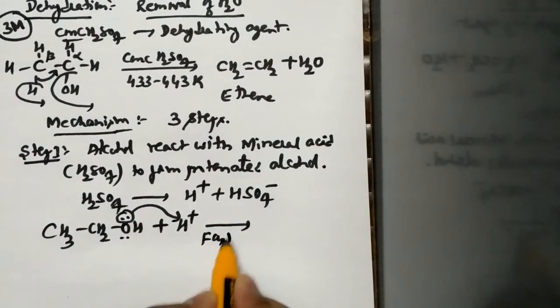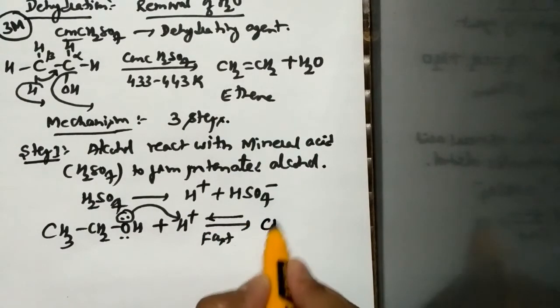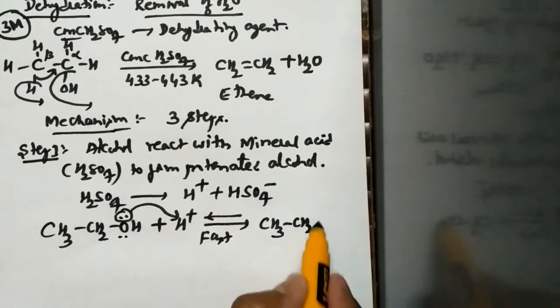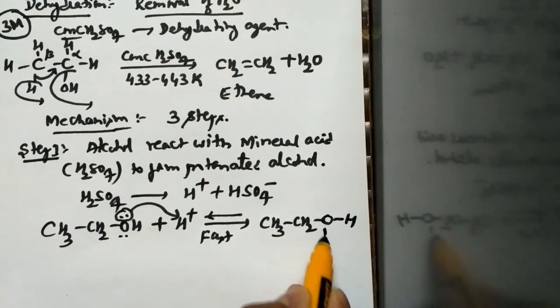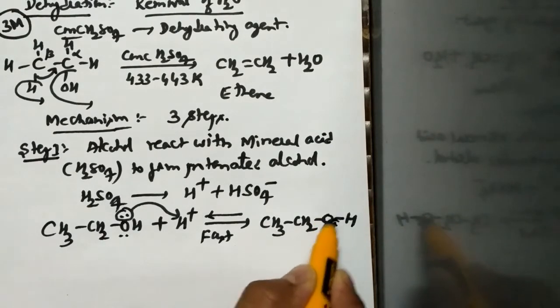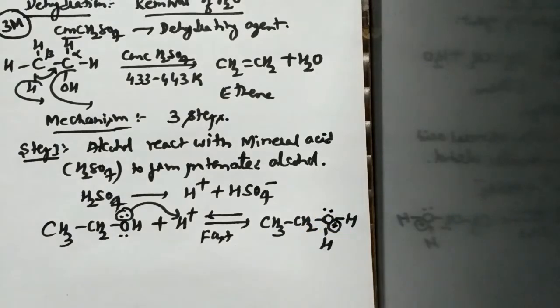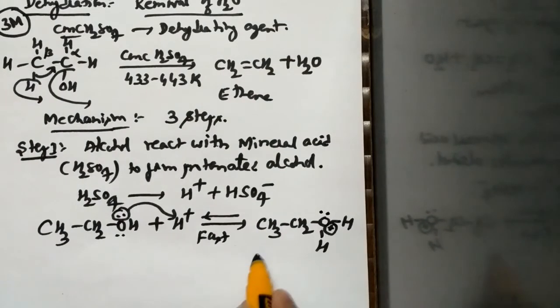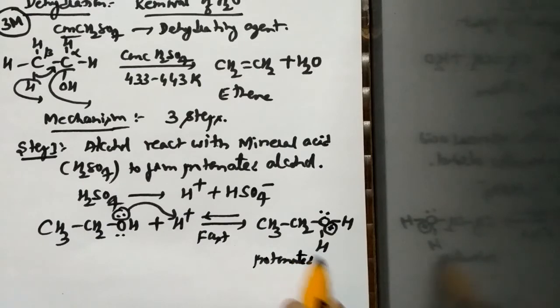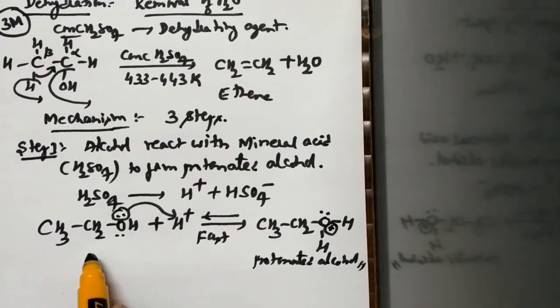This is a very fast step, so that it forms CH3CH2 O with two H and a positive sign on oxygen along with one lone pair. This is called protonated alcohol. So we get protonated alcohol when ethyl alcohol reacts with a proton, and this fast step forms the protonated alcohol.